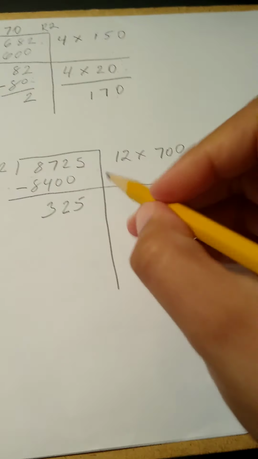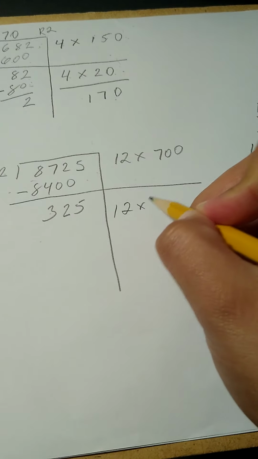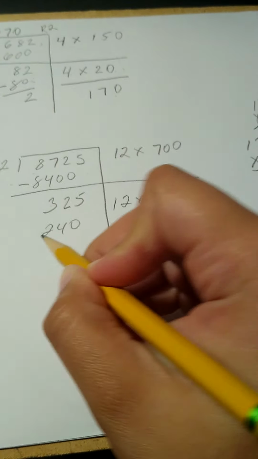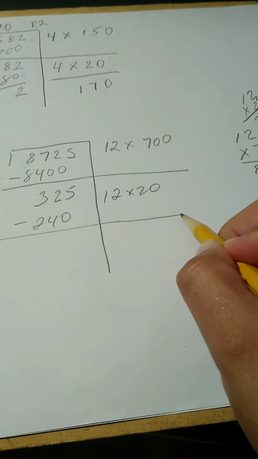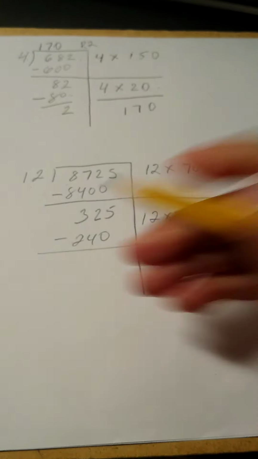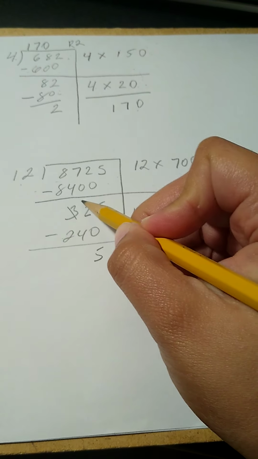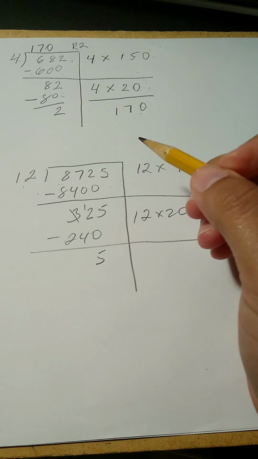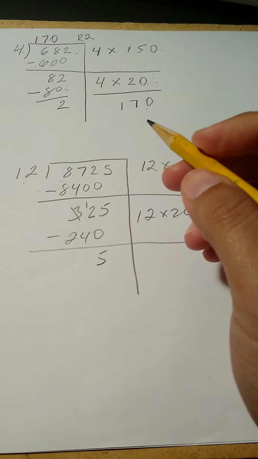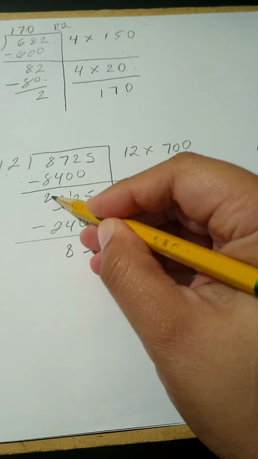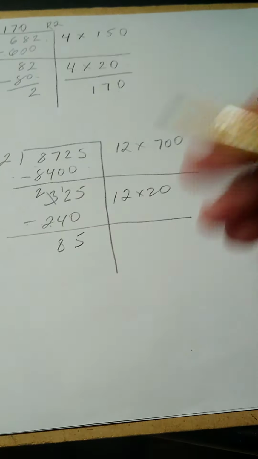We subtract that. It'll give me 5. We need to borrow. That's 12. Take away 4 will give me 8. Bring 2. 2 minus 2 is 0.